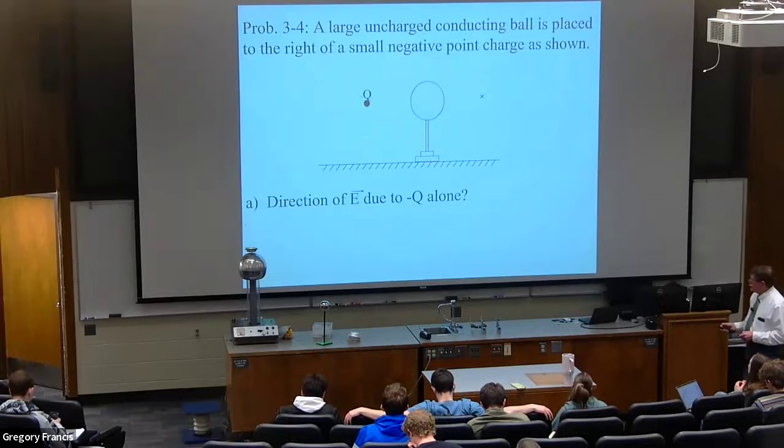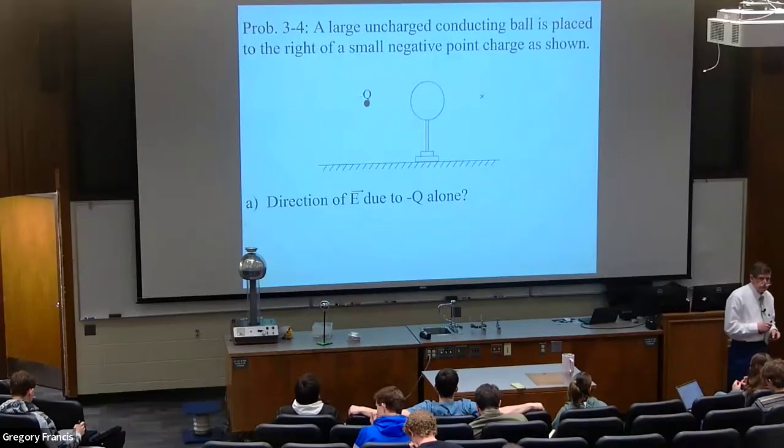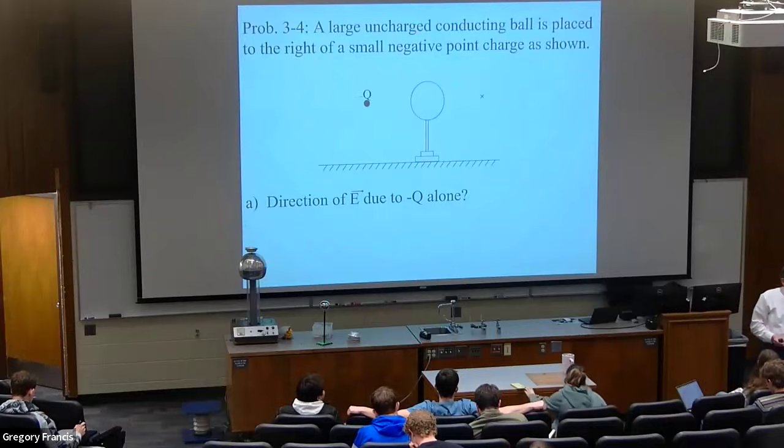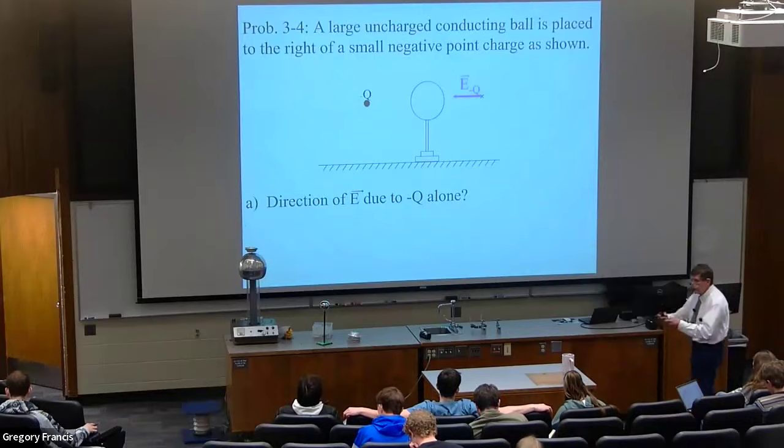I'm first asked to find the direction of the E field at the X due to this negative point charge alone. Forget about the metal ball. Well, I know that since it's a negative source, my electric field had better be towards that negative source, right? That's what we decided, always towards a negative.